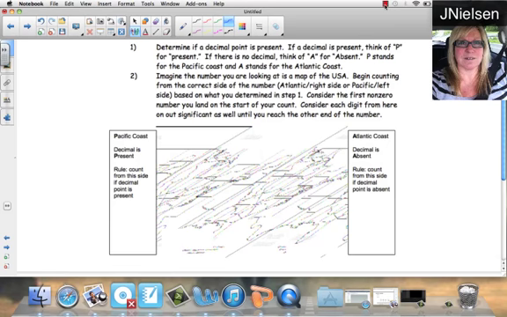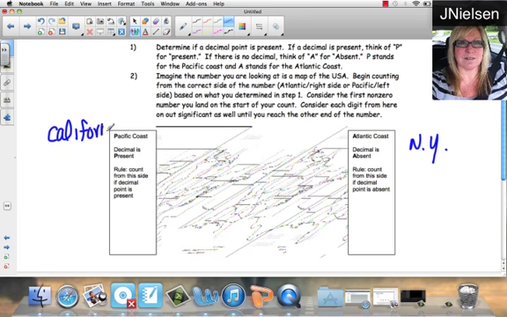The reason why this is called the Atlantic-Pacific rule is because it has to do with looking at a map of the United States, with New York being on the right side and California being on the left side.